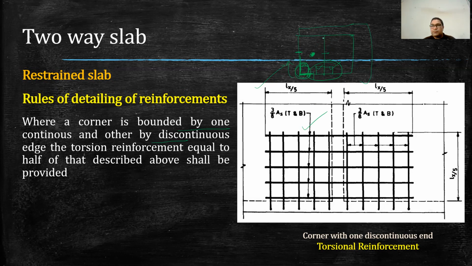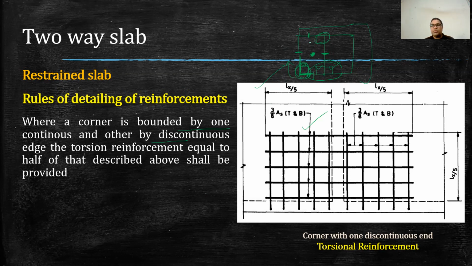Otherwise, if the corner of the slab is contained with two continuous edges, for example, if this edge and this edge both are continuous, in that case this corner will not lift up. So we don't provide torsional reinforcement at a corner which is contained with two continuous edges. We provide torsional reinforcement in the corner only where it is contained with one discontinuous edge or two discontinuous edges.